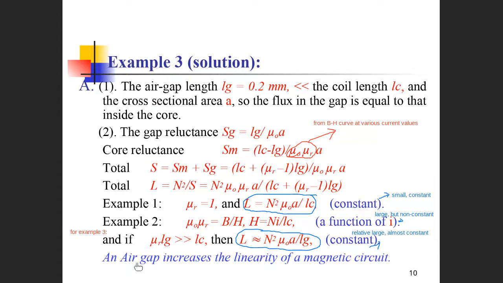That's why we frequently insert an air gap in a magnetic circuit, to increase its linearity. Because a linear circuit is easy to control, and a nonlinear circuit is not easy to control.